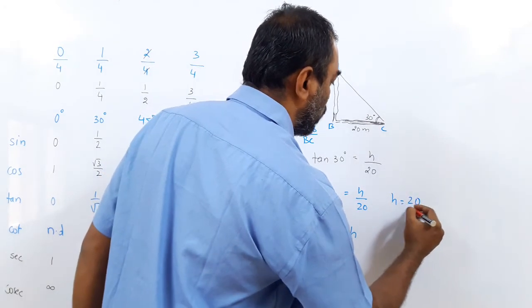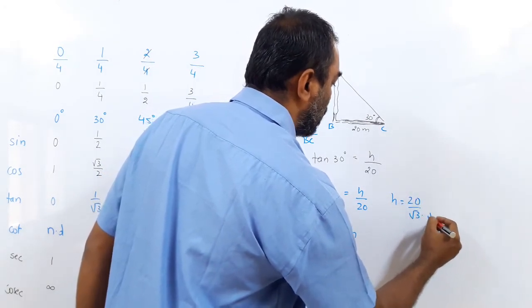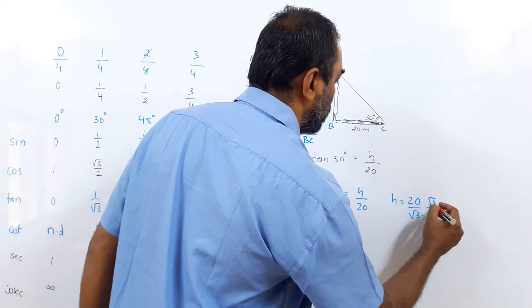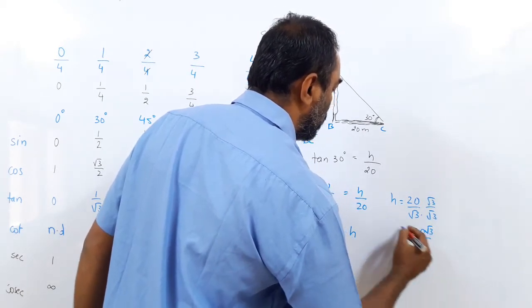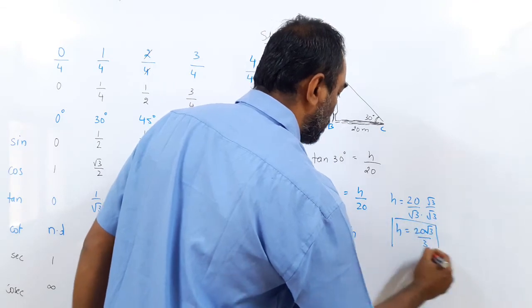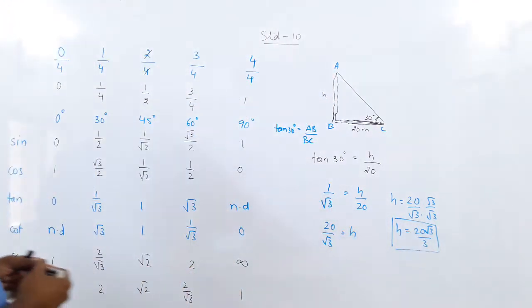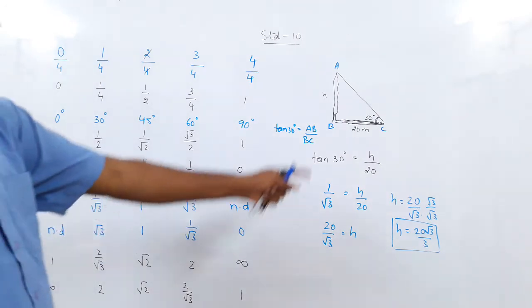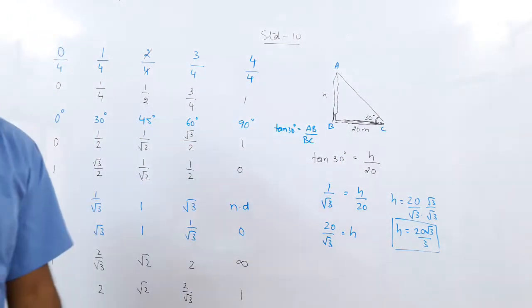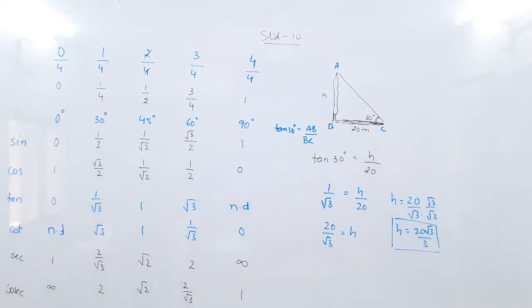So to rationalize it, what do you do? You multiply by root 3 and root 3. So the answer is 20 root 3 upon 3. So by making use of this small table and knowing the values, we have found out the height of the tree. So this is one example where the use of trigonometry is there.